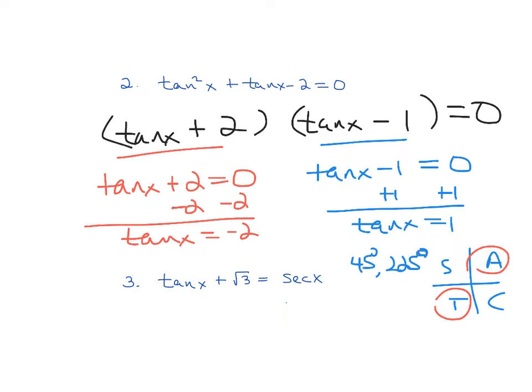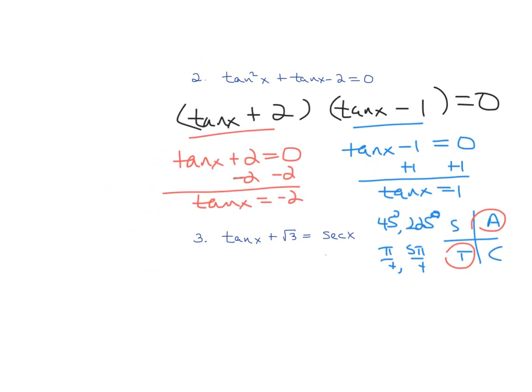Again, if it's in radians, you'd look at your unit circle, and it's the pi over 4 and the 5 pi over 4. Now, this other one, I can't get this answer from my unit circle. This would actually be a calculator question. So again, remember when you're looking for an angle measure, this is where you're going to do the inverse.